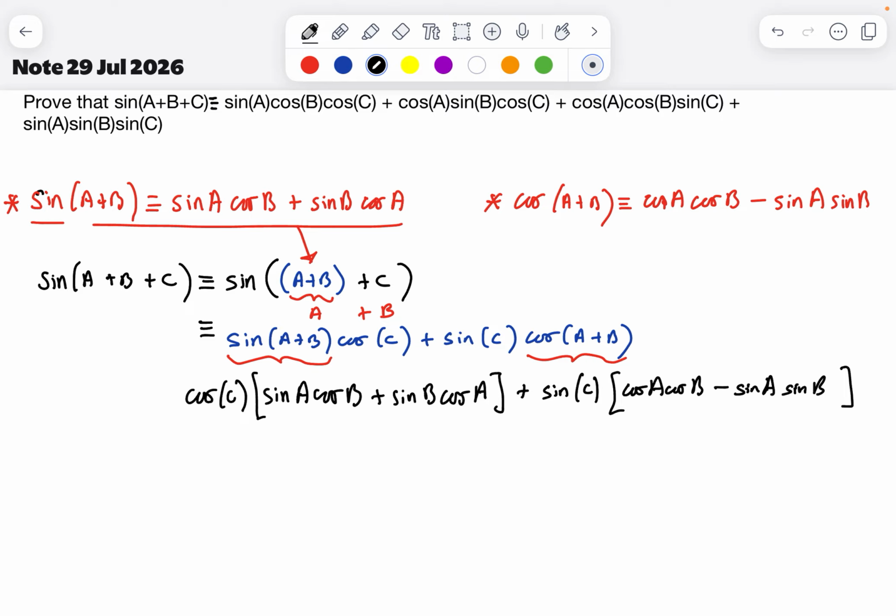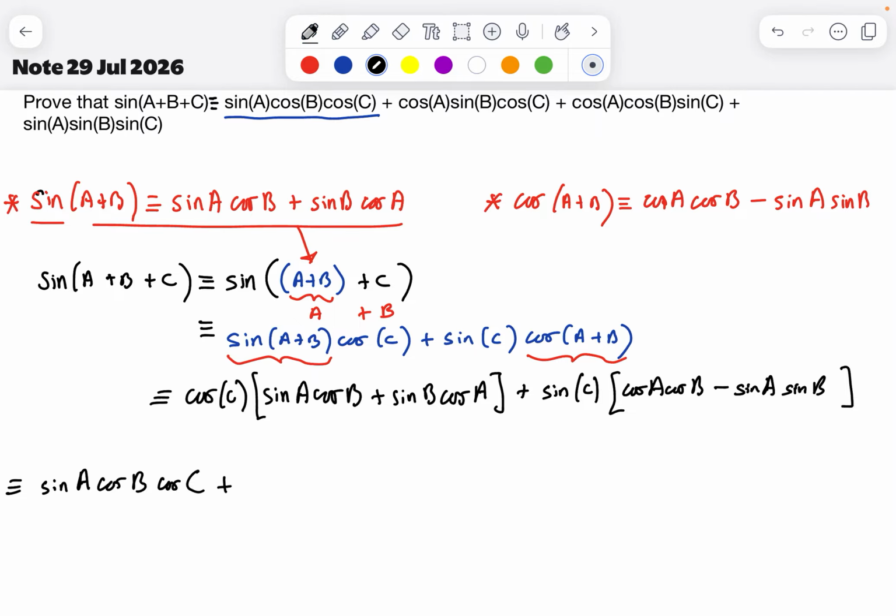Now I've got to multiply out the brackets. I need a bit more space. I've now got sine A cosine B times my cosine C. Well, that's my first term.